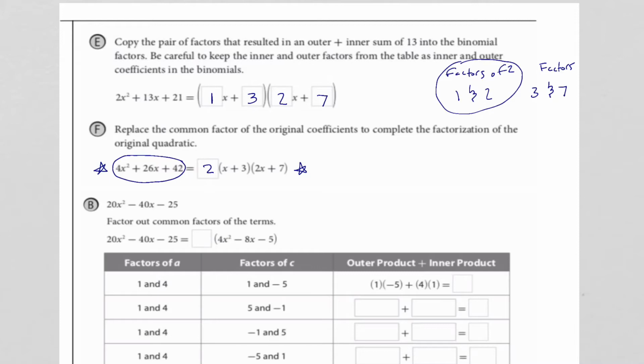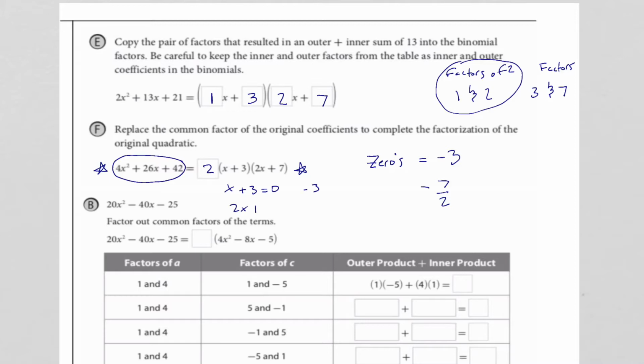And we know also from chapter 7 the zeros of this equation. You're going to have a 0 at negative 3, and a 0 at, I believe, negative 7 halves. If you wonder how I figured that out, we got x plus 3 equals 0. What makes that 0? Negative 3.